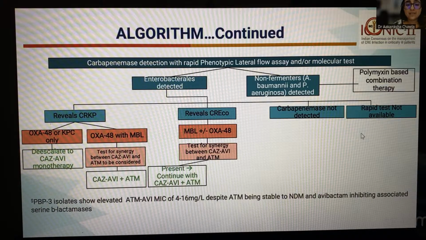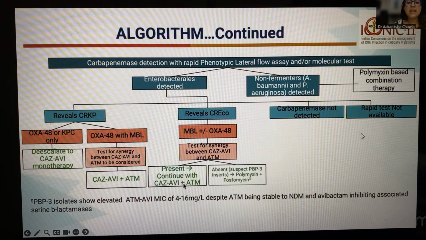If it is present, then your therapy of choice becomes Cas-AVE plus ATM, and if it is absent, then you need to think of the possibility of PBP3 inserts that I was just talking about. And then the therapies you will have to consider would be polymyxin B or fosfomycin in this particular case.